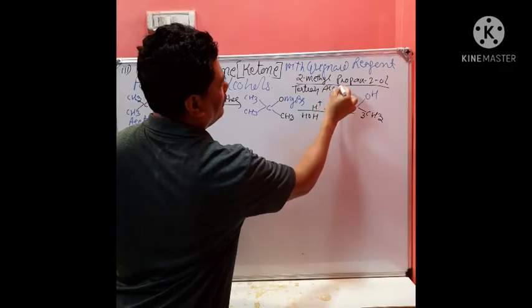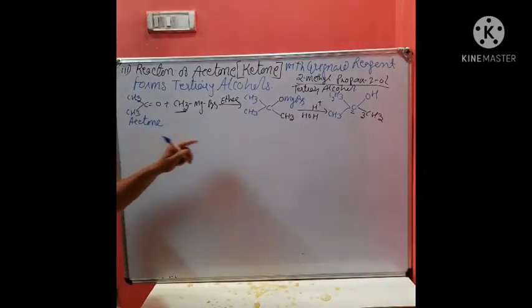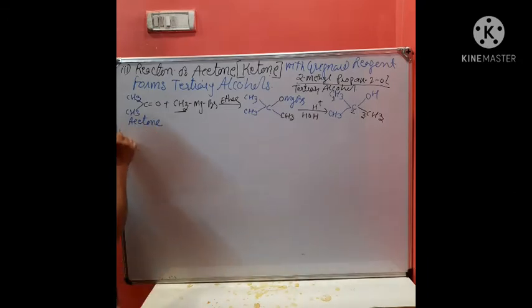Tertiary alcohol. Student, this is such a versatile reaction that we can obtain different types of alcohols. Homework for you: you have to complete the reaction. Like if I take benzaldehyde, C6H5 C double bond O, with CH3. Sorry.